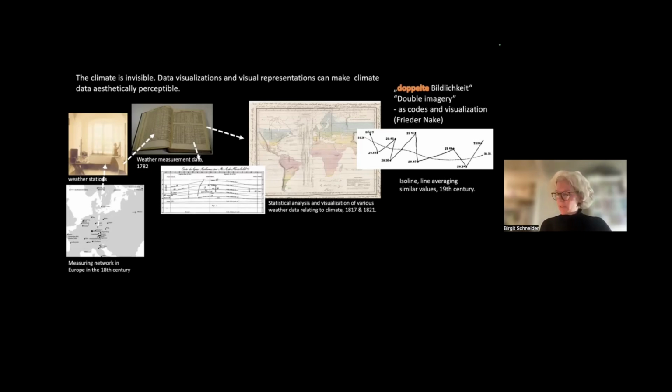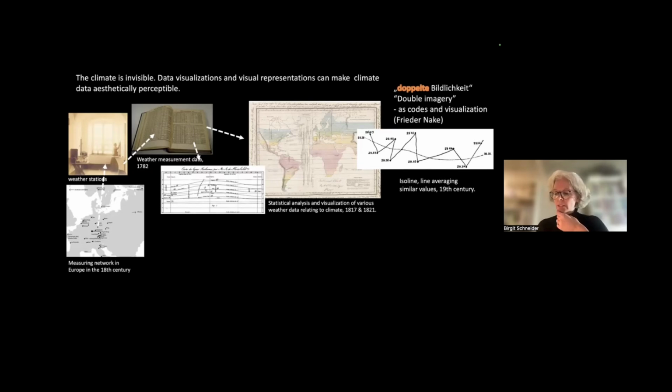And William Playfair, whom I was quoting here, was in a way the first one who applied the method of lines, data visualization, to the subject of state money in his Commercial and Political Atlas from the 1780s.